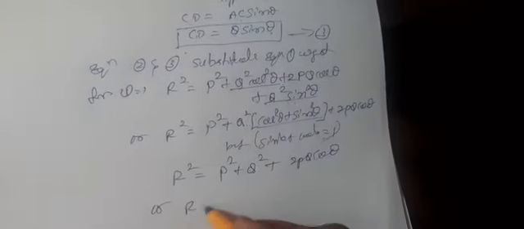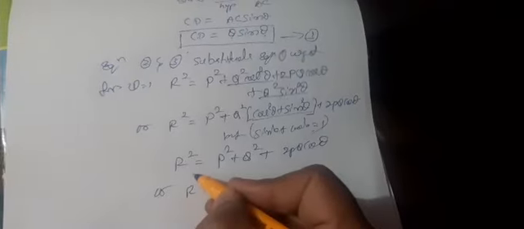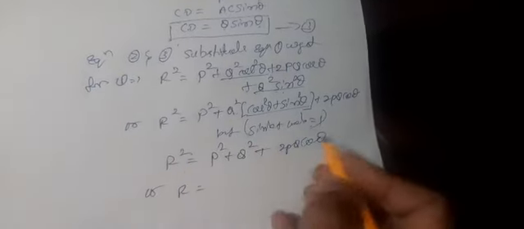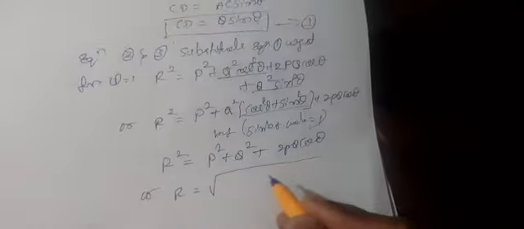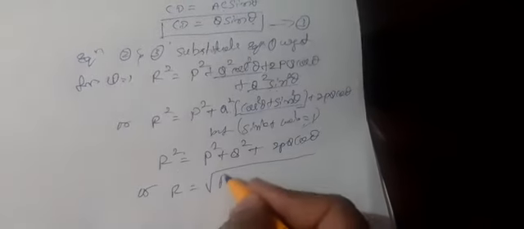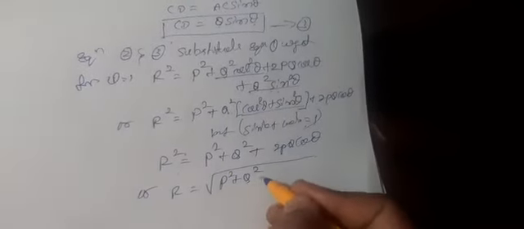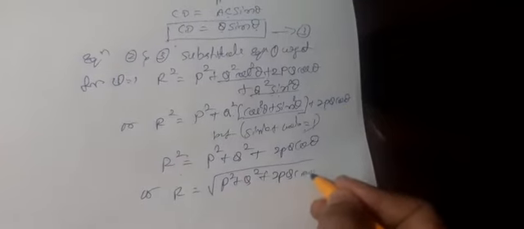Or R is equal to, the square is shifted to that side and converted to root, the square root of p square plus q square plus 2pq cos theta.